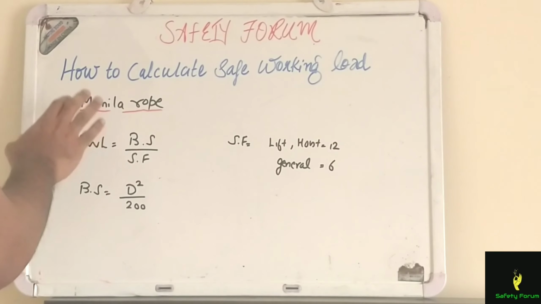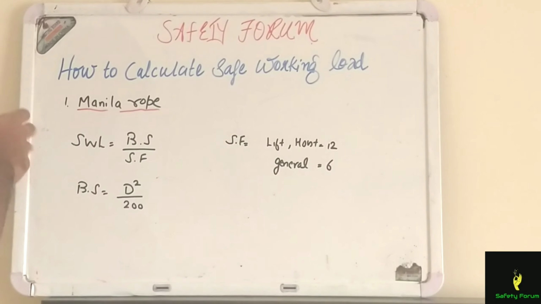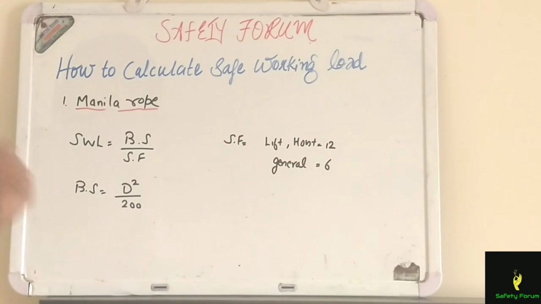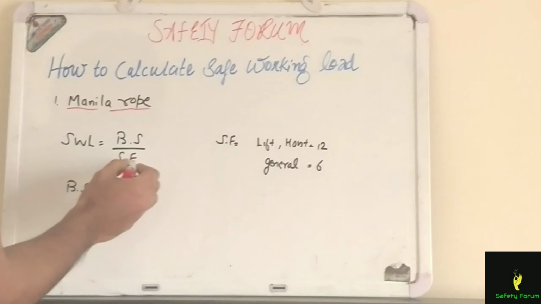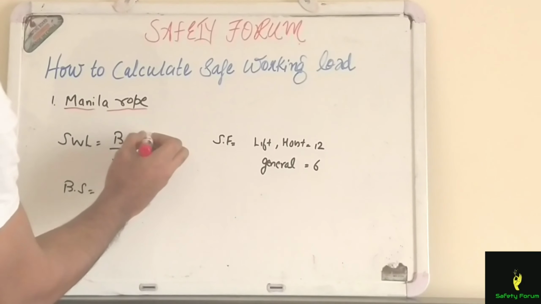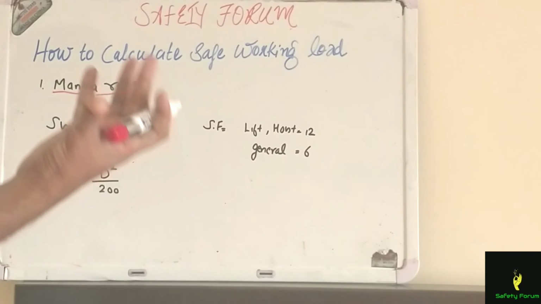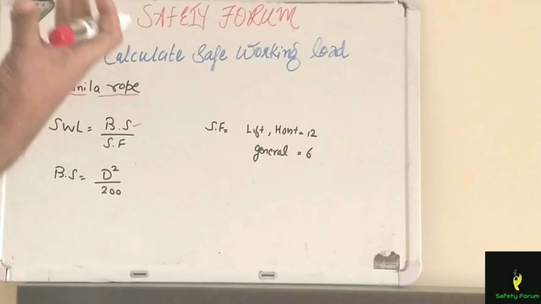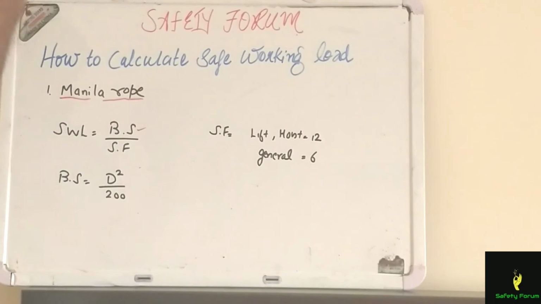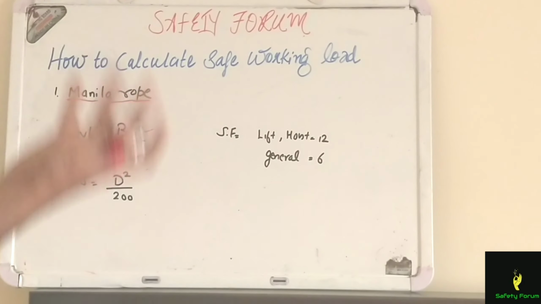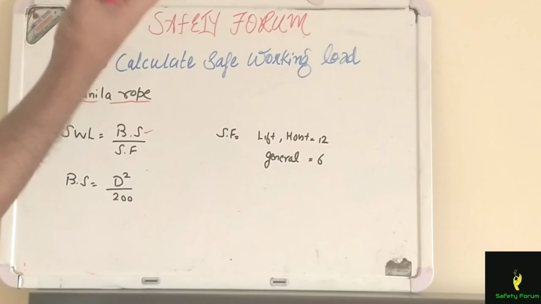Breaking strength means the force which this equipment will stand until it breaks down. So the maximum load which the lifting equipment can withstand until it breaks down is known as breaking strength.